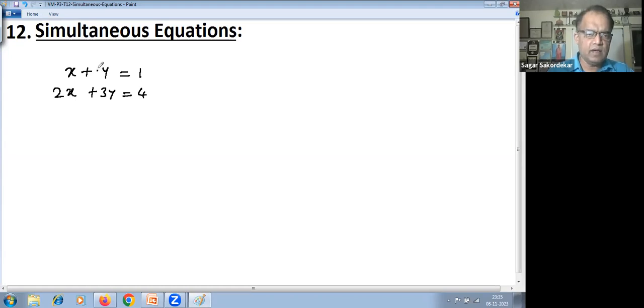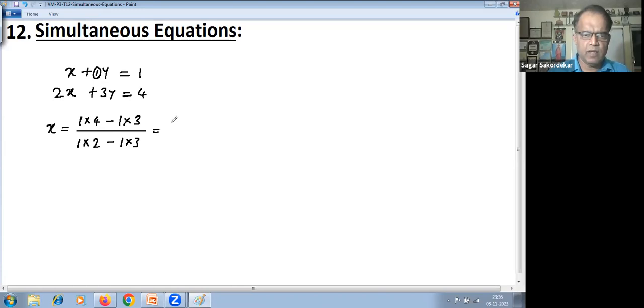Just write 1 here, because just y means 1y, so it becomes simple to write the expression for the value of x. 1 into 4 minus 1 into 3, upon, start from the same point like this, 1 into 2 minus 1 into 3.